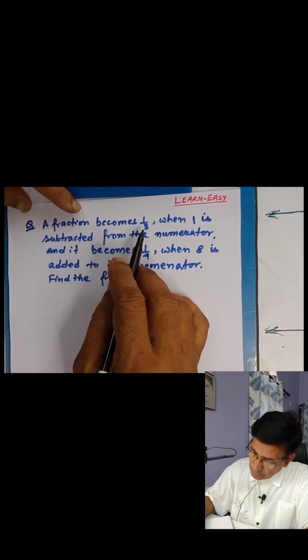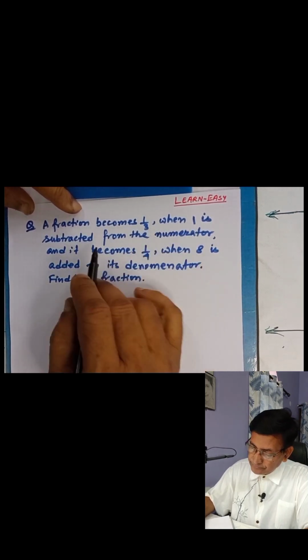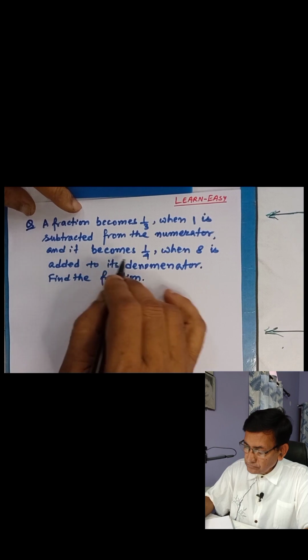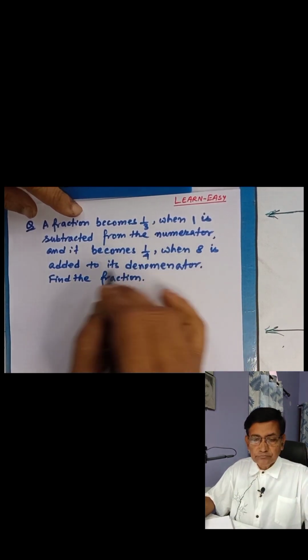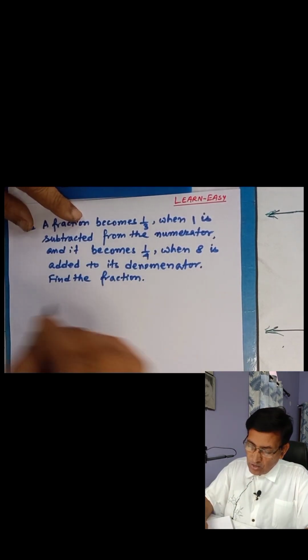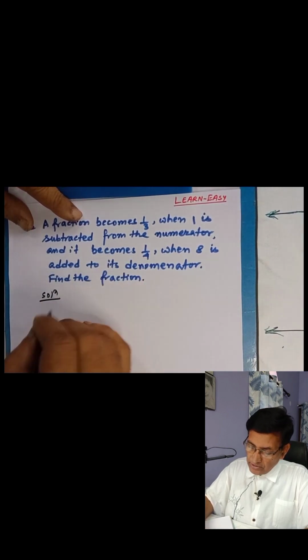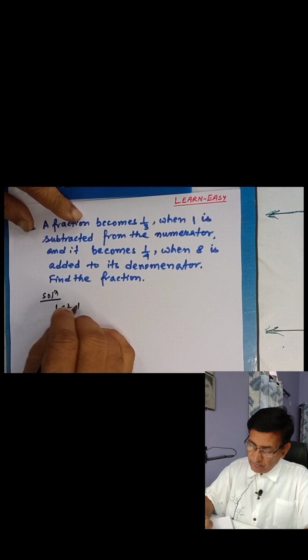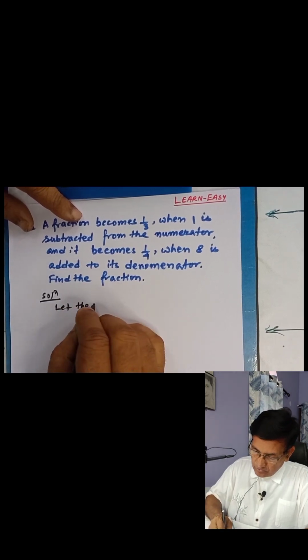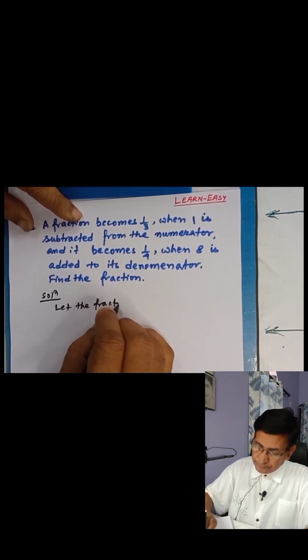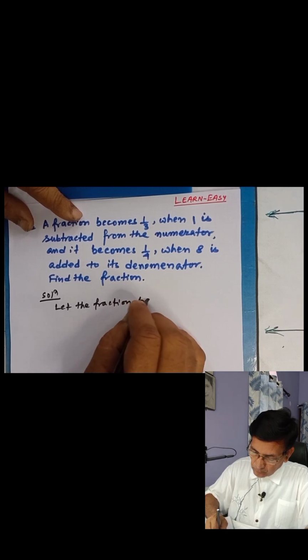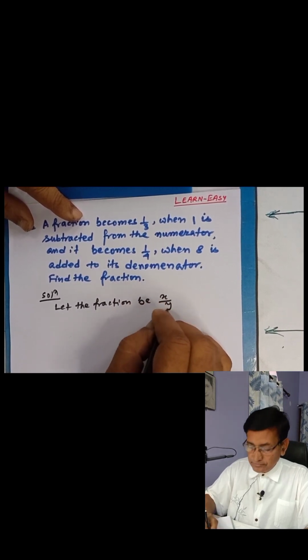A fraction becomes 1/3 when 1 is subtracted from the numerator, and it becomes 1/4 when 8 is added to its denominator. Find the fraction. Solution will be, let the fraction be x by y.